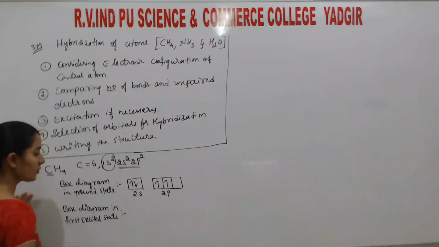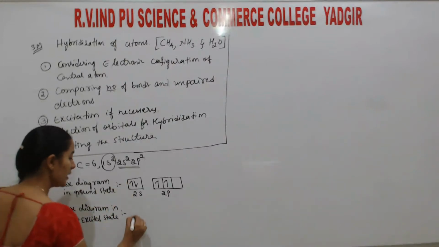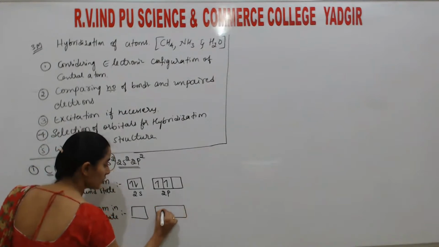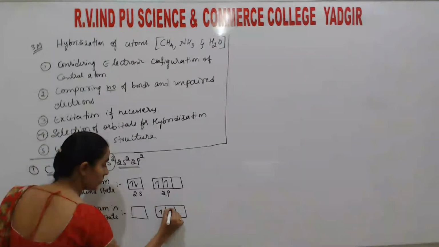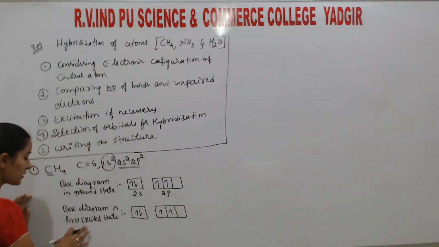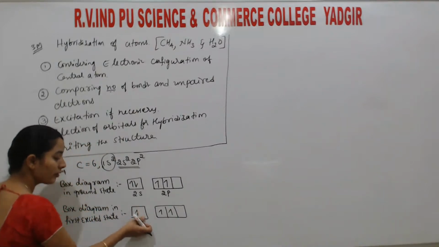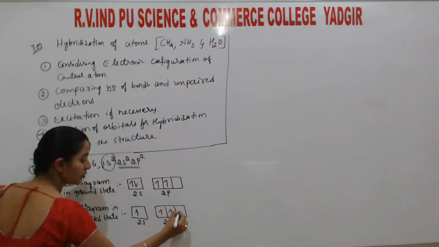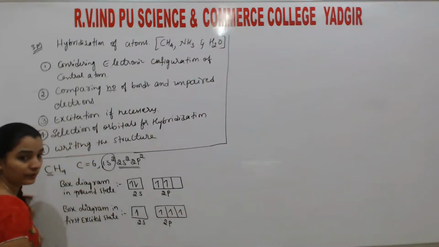Why I am saying first? Because it is getting excited only the first time. So this is the box diagram. Here 2 electrons. So what is this excitation? One electron of this 2s orbital jumps to the 2p orbital.